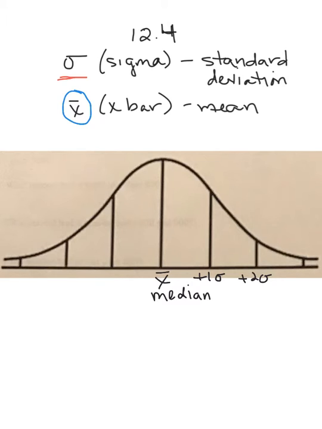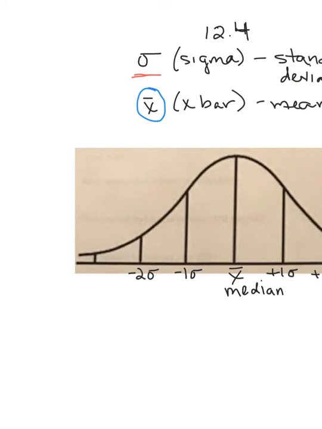And the third line is three standard deviations bigger than the mean or the median. To the left, we have one standard deviation below the mean or median, two standard deviations below the mean or median, and the third line to the left is three standard deviations below the mean or median.